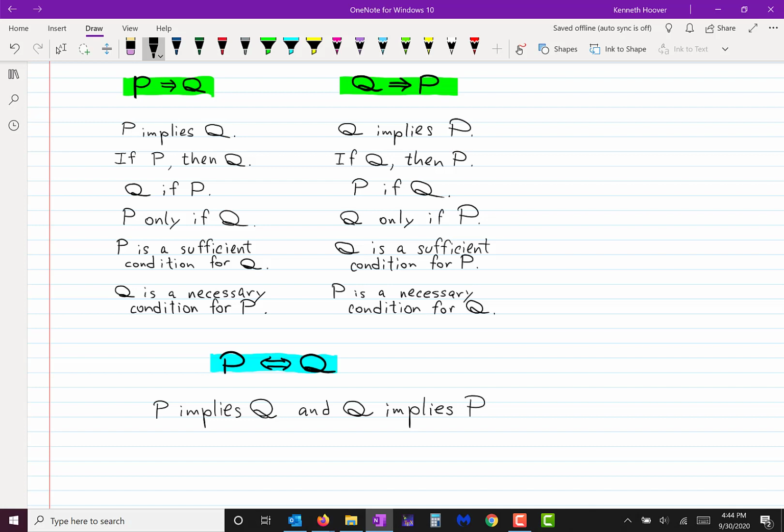But I'm wondering if there's an easier way to say that. I could certainly say P and Q imply each other, but that's not much shorter.